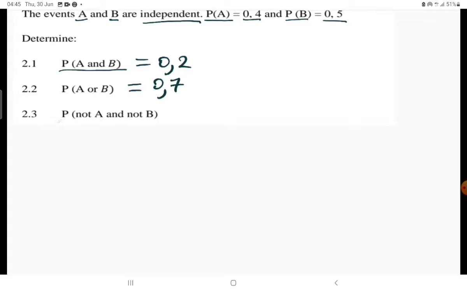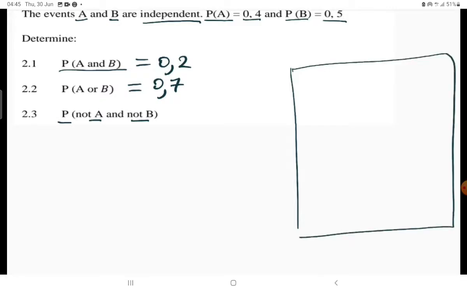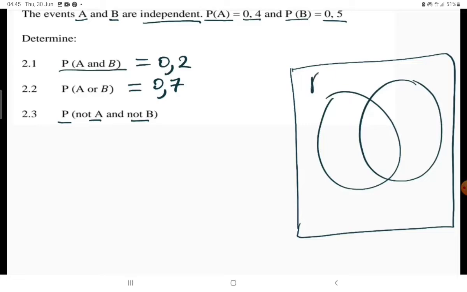Now, let's come to the third question, which reads as follows. Determine the probability of not A and not B. If we graphically draw our Venn diagram, we have A here, we have B here. This is A, this is B. Then the probability of the intersection is 0.2.